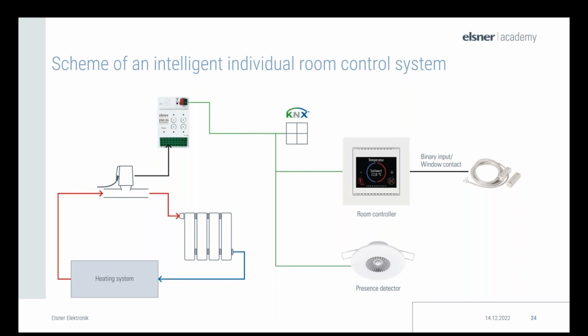The Kala has an additional binary input, so via this input, a window contact can be integrated into the control. Via this window contact, the heating system can, for example, lower the temperature to frost protection mode when the window is opened. The heating control can also be controlled smartly via a presence detector.